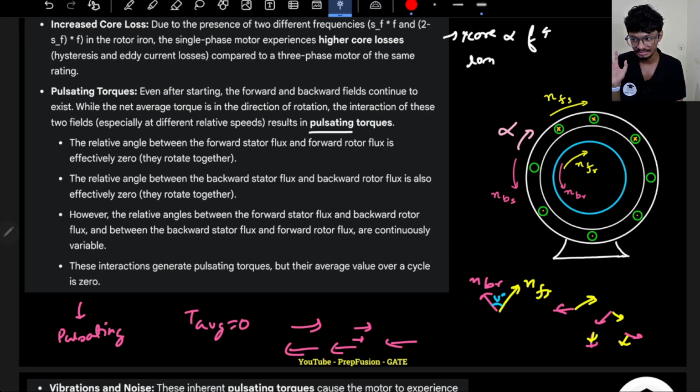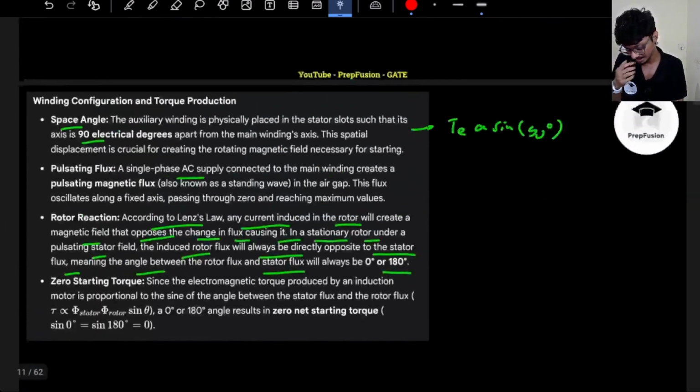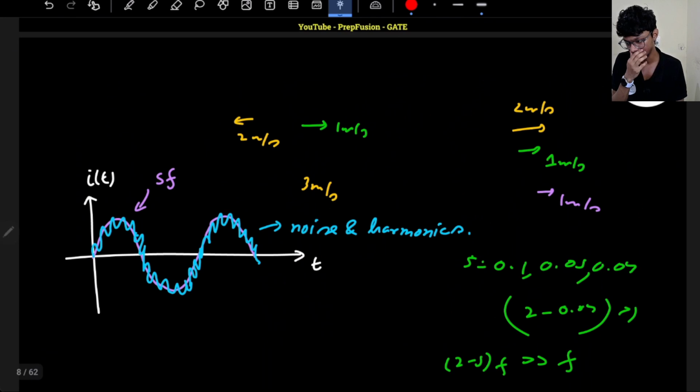If you could not understand this explanation, you can understand it with the help of this current. This current is a high frequency current. Due to the high frequency current, there will be high frequency noise, and that noise is basically torque, because current produces torque. I was supposed to get a pure sinusoidal waveform, but I am getting a sinusoidal waveform superimposed with high frequency current, and that current also generates a torque.